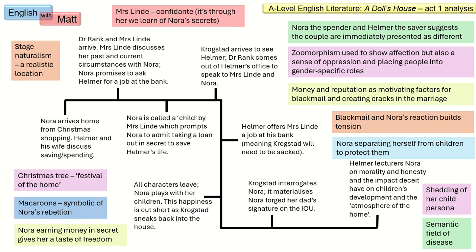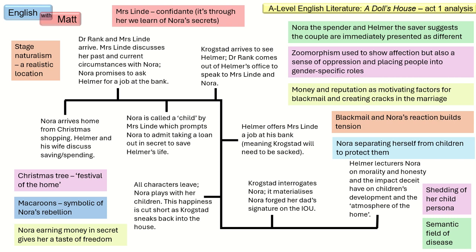We've also got lots of zoomorphism where Nora is called things like squirrels and little birds, suggesting that she is oppressed in this household, and that we have this reminder that in this play, Ibsen is challenging this idea that men occupy the world of business and finance, and the women occupy the world of the home and the family. So it's really conflating those two separate spheres of existence depending on your sex and your role in this marriage.